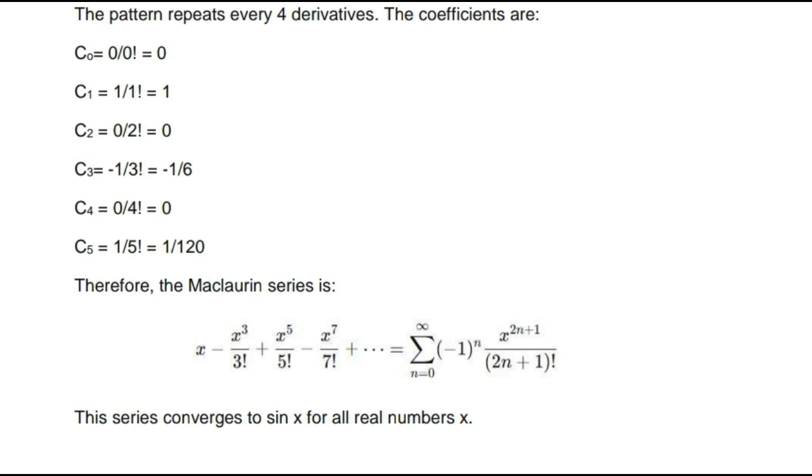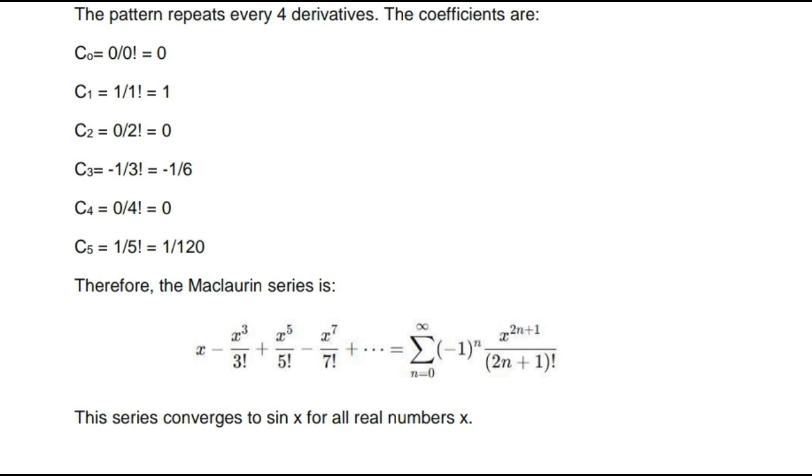C sub 4 is equal to 0 over 4 factorial, which is equal to 0. So we have c sub 5 equal to 1 over 5 factorial, which is 1 over 120. So take note that the factorial is only applicable to the denominator and not the numerator.